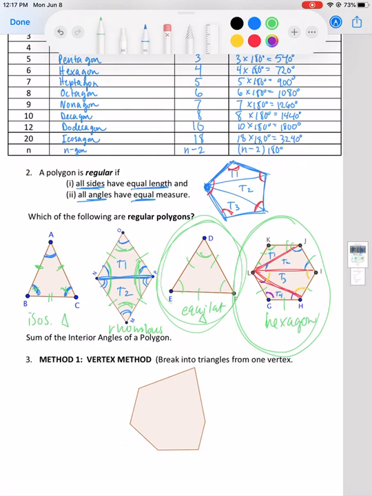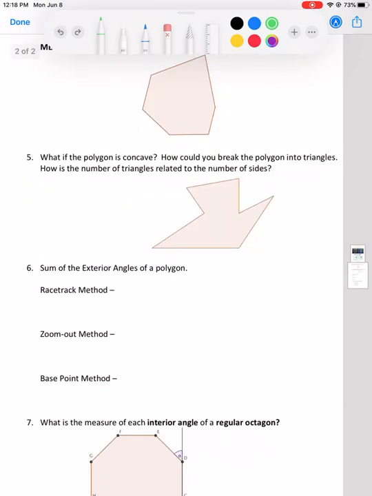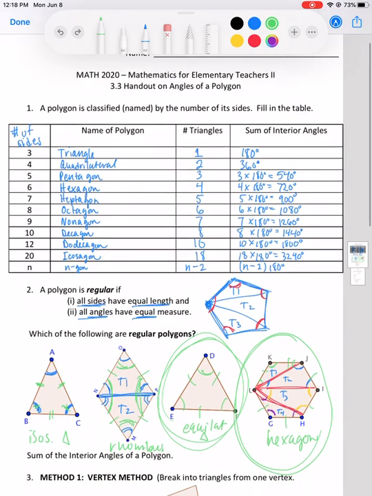Now, if we're going to find the sum of the interior angles of a polygon, just like we reviewed before, we have a vertex method. You can find them by breaking the polygon into triangles from one vertex. So I'm going to pick this vertex and draw triangles in it from one vertex to another. Sorry about that.